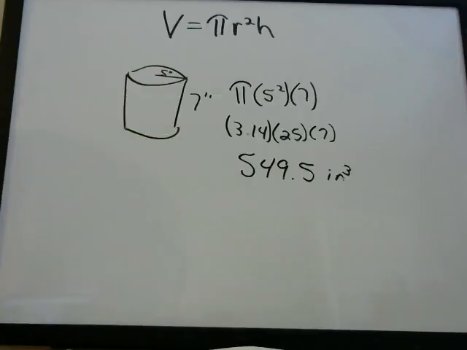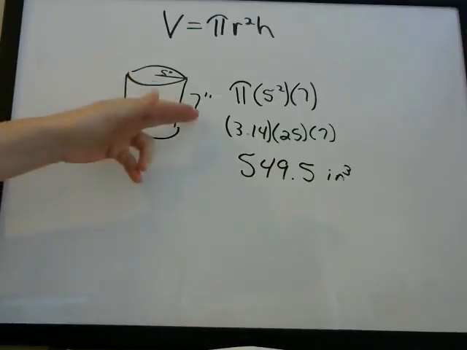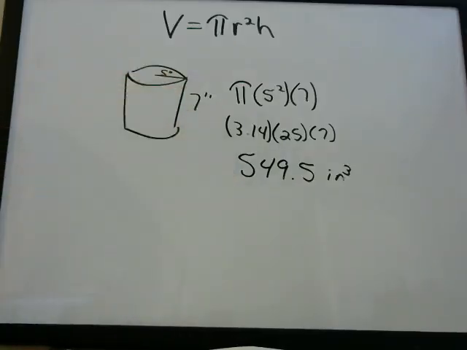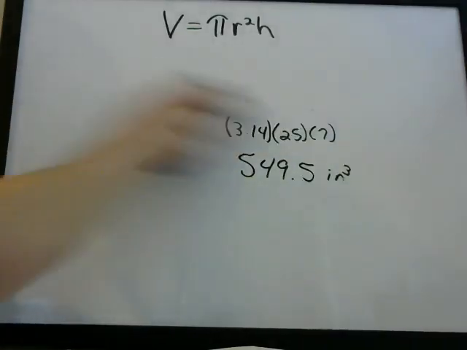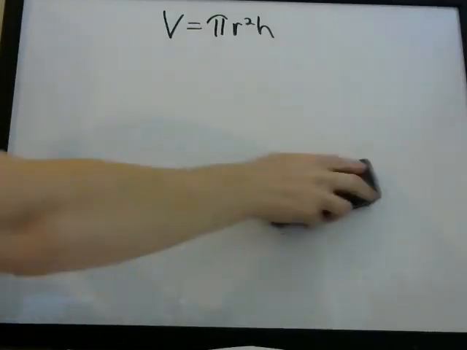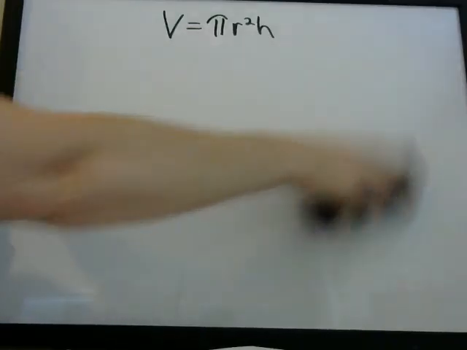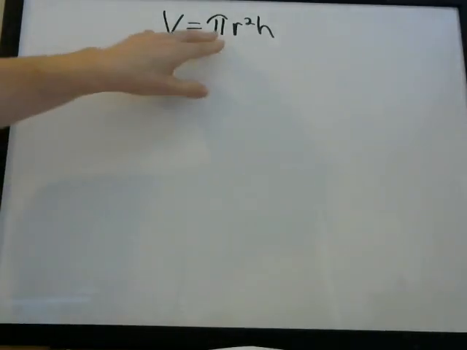On the test, it's probably not going to be this straightforward, where they're going to give you the height and the radius and you just have to figure it out. So we're going to do a couple more problems that are maybe a little bit more involved. Sometimes they leave the problem in terms of pi, where they don't actually multiply out the number. Okay?